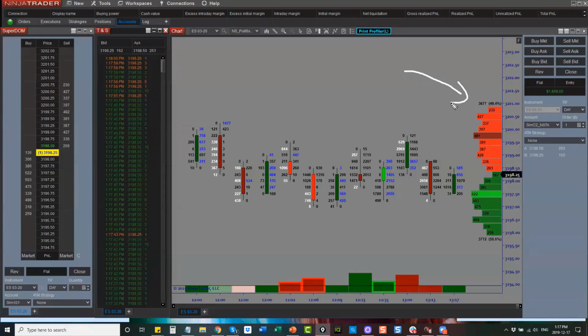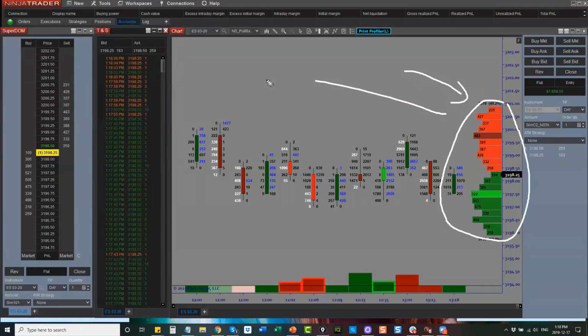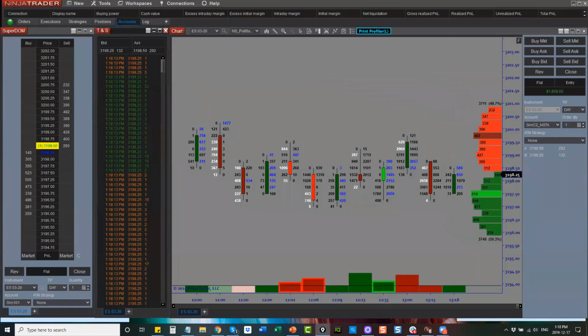Now, you're going to see that we've got this pretty fancy looking tool on the right-hand side. This is a tool called the inventory gauge, and the inventory gauge does exactly what the Superdome does. So instead of using a dome, you can see here 233 at the top, 347, 347. 487 is the largest asking price level by sellers in this environment.